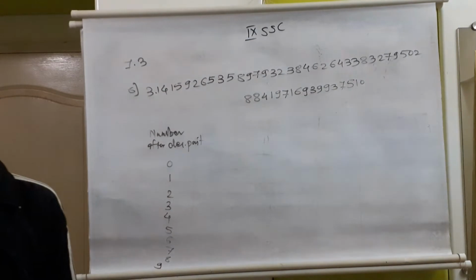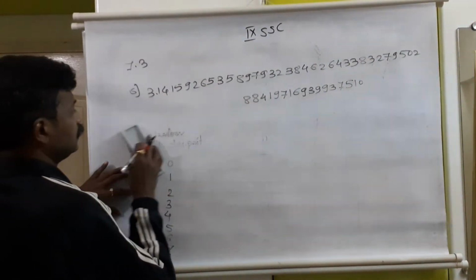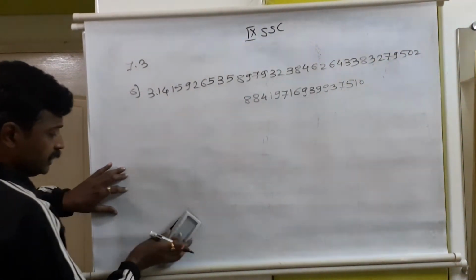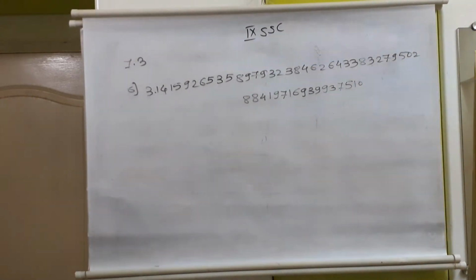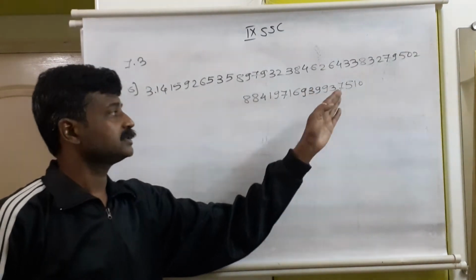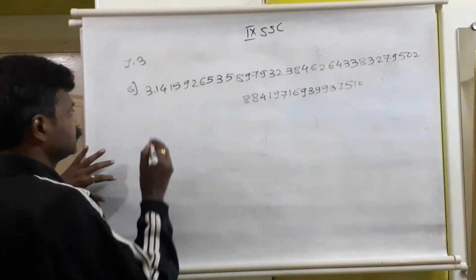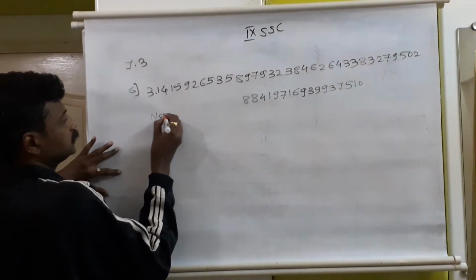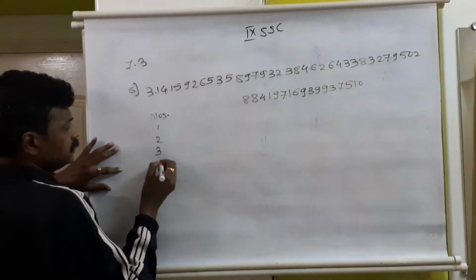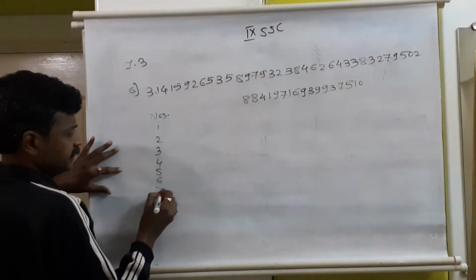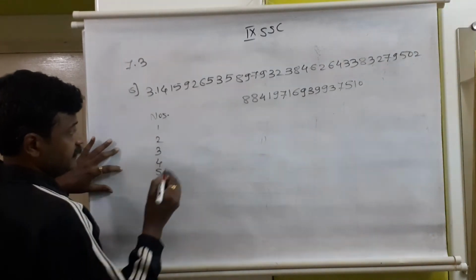Or we will take it a little up, so all the information will fit properly, and then we can do the totaling also. When we do the total, how much should it come? It should come 50, because information is available about 50 numbers. So I will write here numbers 1 2 3 4 5 6 7 8 and 9.